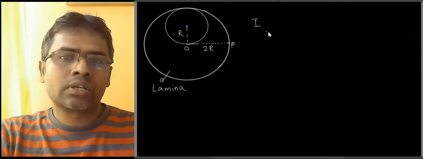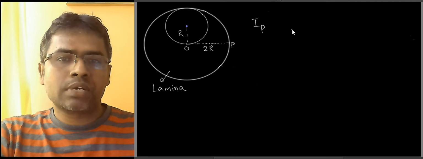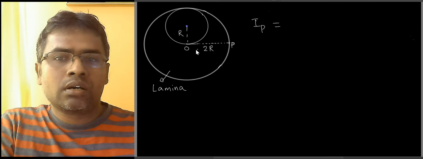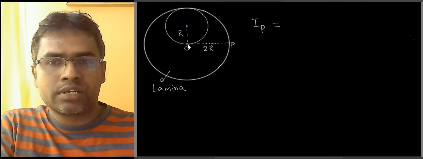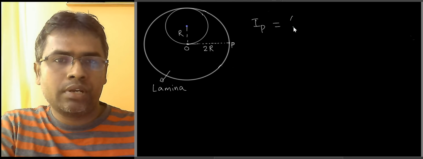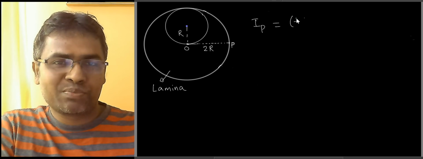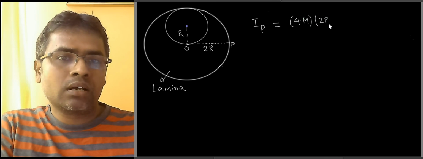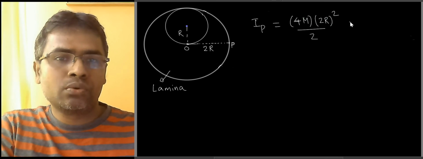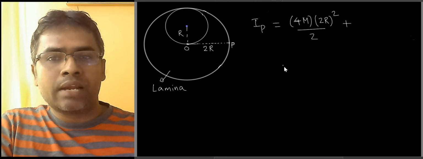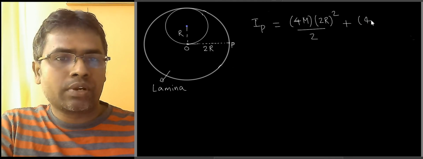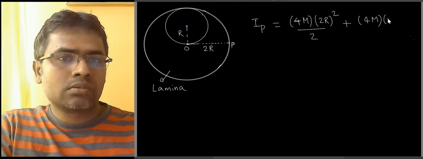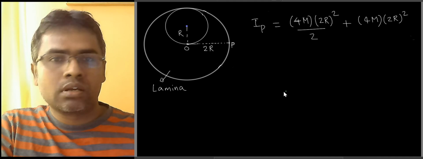The moment of inertia about an axis passing through P: the contribution from the bigger disk, if rotated about an axis through its center of mass O, would be 4m into 2r whole square over 2. Now I need to add that m d square. The mass is 4m, and the distance between the axes O and P is 2r, so 2r whole square.